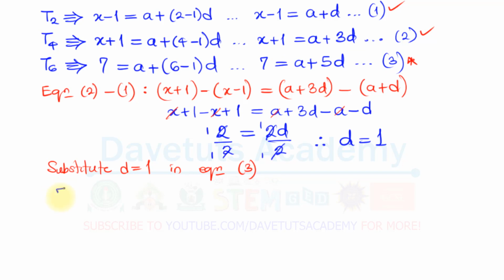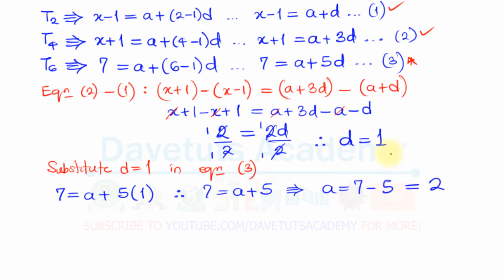So 7 is equal to a plus 5 multiplied by d, but since d is 1, I can use 1 there. Therefore 7 is equal to a plus 5, and this means that a is 7 minus 5, so a is equal to 2. So I have d is 1, I have a is 2.